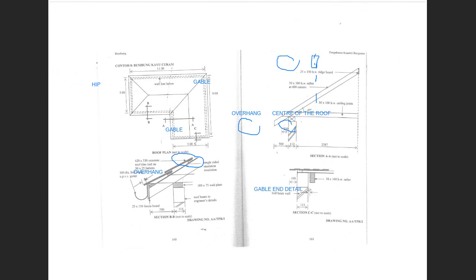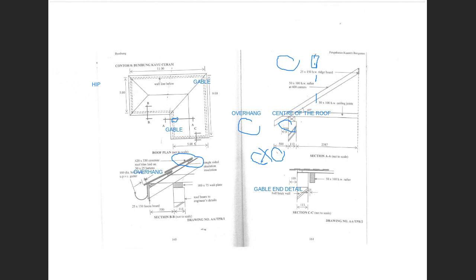Inside the beam, we have the rafter. Then you have the extension of 100 mm beyond the gable end. Outside the building, you have another 100 mm.